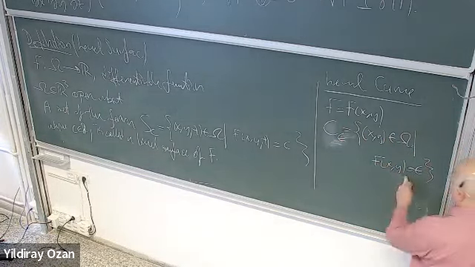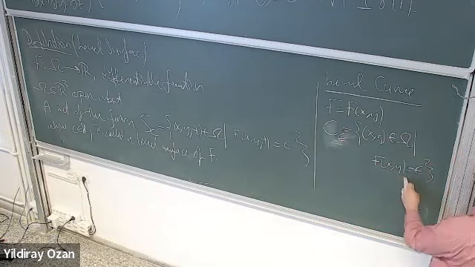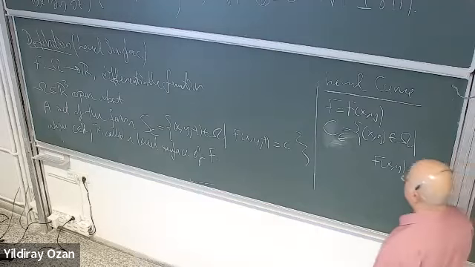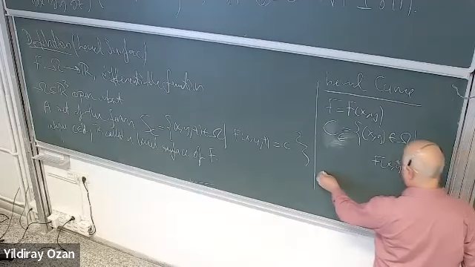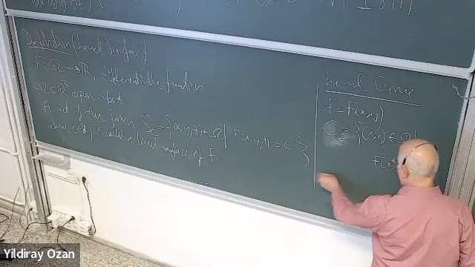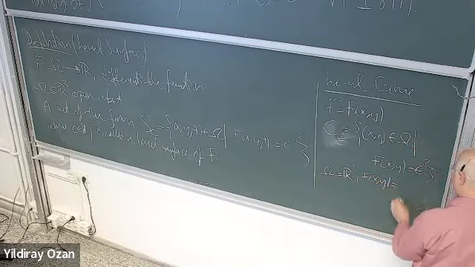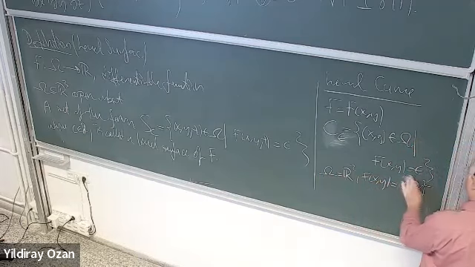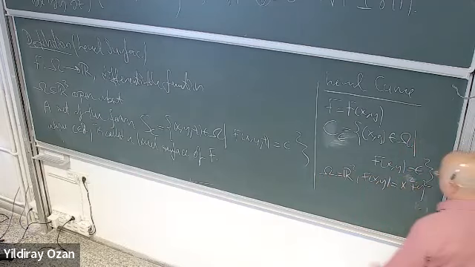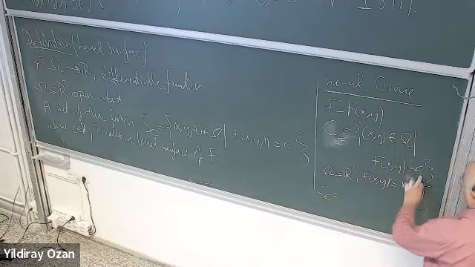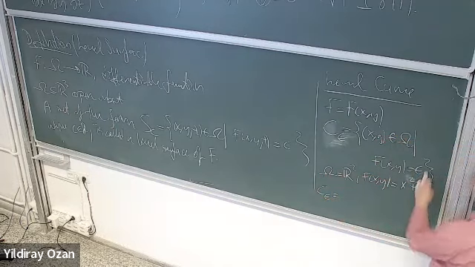So I have a function and I am looking at the points in the domain omega such that the value is just equal to epsilon. For example, let's say omega is just R2, the whole plane, and f of x, y is just, let's say, x squared plus y squared. Then what's the level curve? This thing is equal to epsilon, right? x squared plus y squared is equal to epsilon.